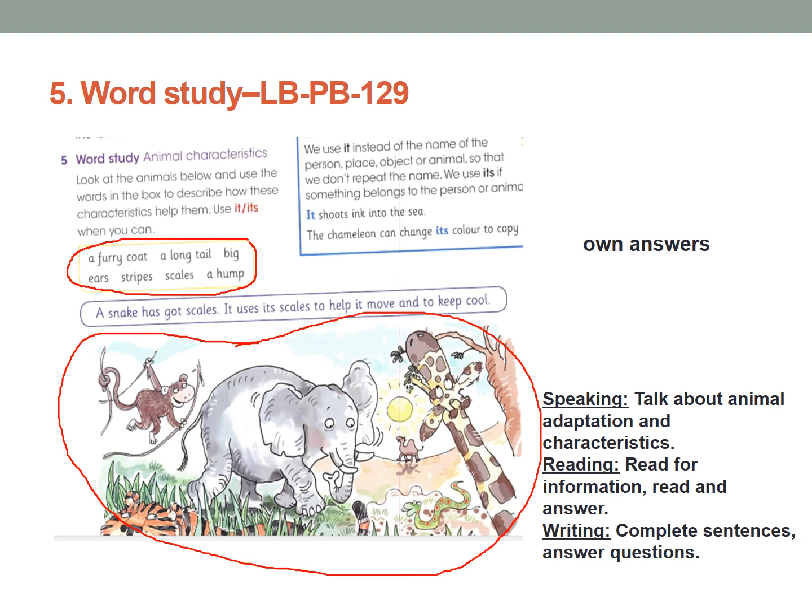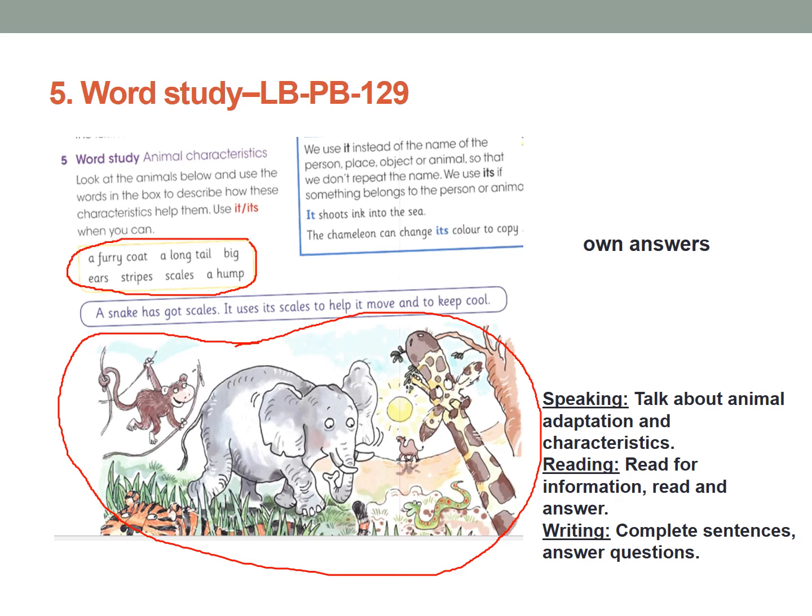Then another one: a monkey has a long tail, so it uses it to hang up in the tree. So this is how you need to do it. I gave you one example. About the monkey: a monkey has got a long tail, so it uses it to hang on the tree and move from one tree to another tree. So this is another example.